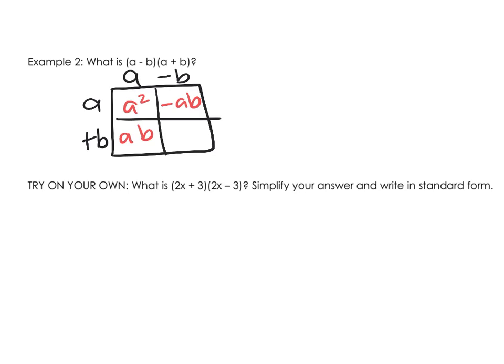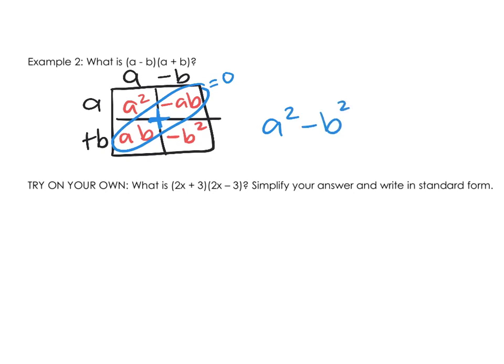And negative b times positive b is negative b squared. So when I look at this, I have those like terms in the diagonal. And when I put them together, ab plus a negative ab is going to add to be nothing. So they cancel each other out, which means my answer would be a squared minus b squared.